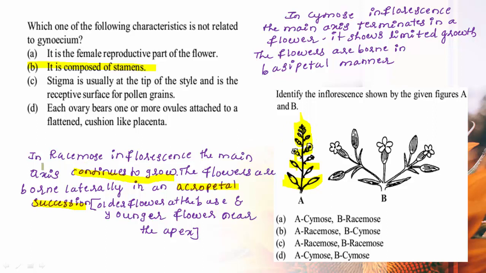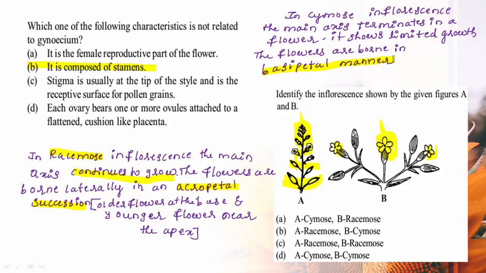So this kind of inflorescence represents racemose inflorescence. In the B image, it is completely different. The main axis ended with a flower, that means it is not continuously growing, and it is terminated with the flower. This represents the old flower and these are the younger flowers. Therefore, the arrangement becomes basipetal.